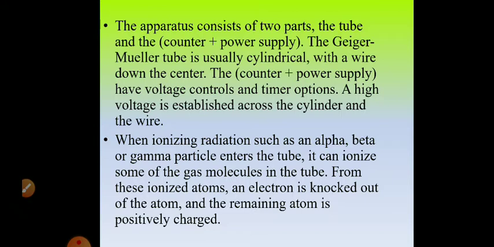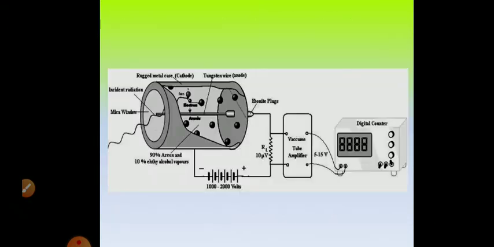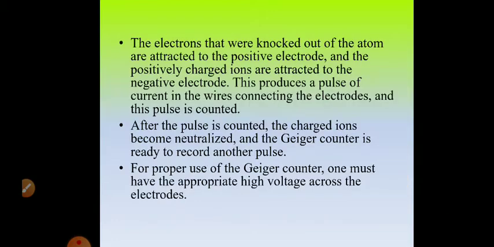Whenever ionizing radiation like an alpha, beta, or gamma particle enters the tube, it ionizes some of the gas molecules in the tube. From these ionized atoms, electrons are knocked out and the remaining atom is positively charged. The positively charged atom will move towards the negative electrode and the electron will move towards the positive electrode.